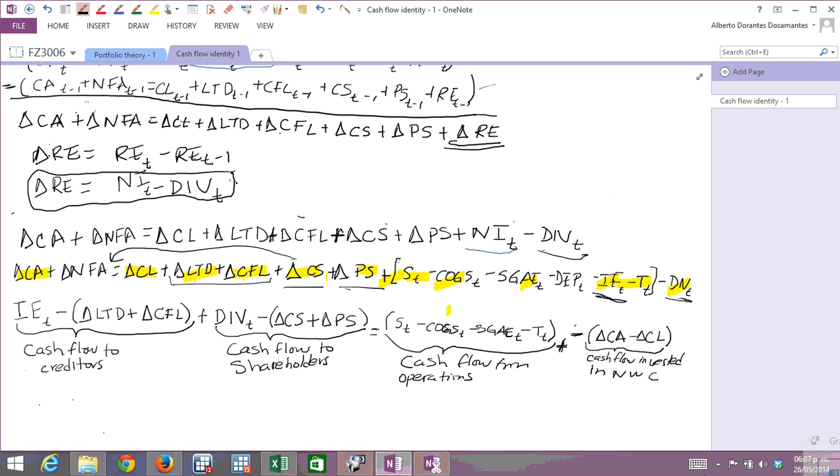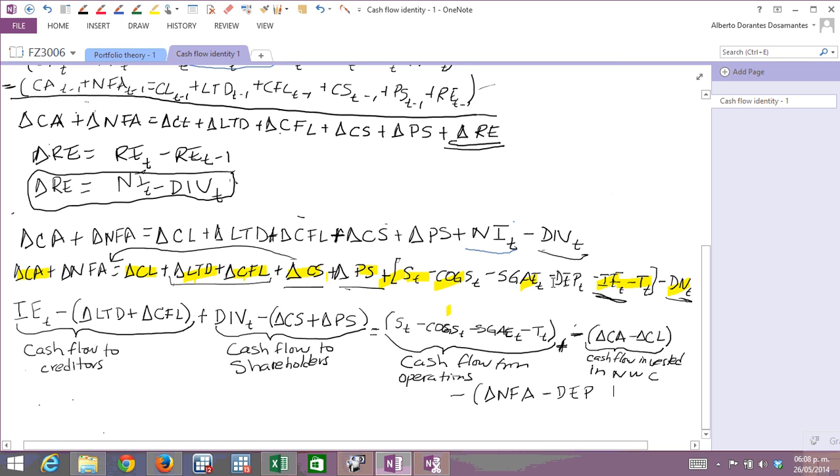Then I'm gonna put them here. I'm gonna put them as minus delta of net fixed assets plus depreciation, because depreciation here is negative.